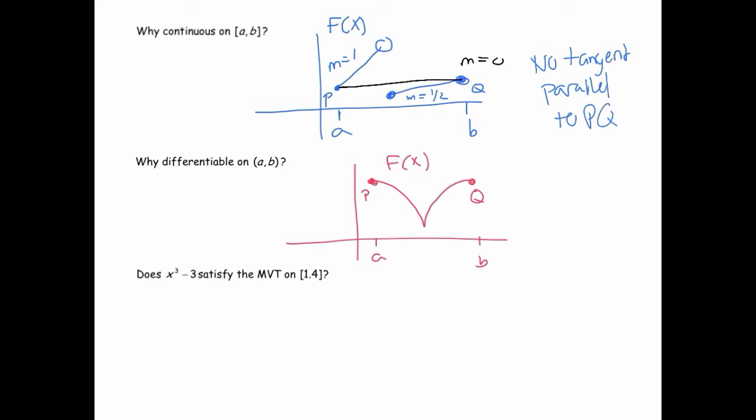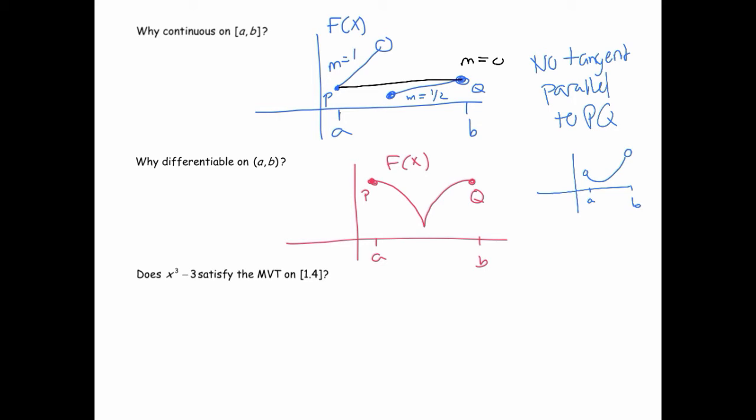Now it's important that it has to be continuous on the closed interval. So you also can't have a situation where either one of your endpoints are open, because you have no way of linking up. You can't draw the secant line because you can't link up those endpoints. They're not defined there. All right, so it has to be continuous on the closed interval.